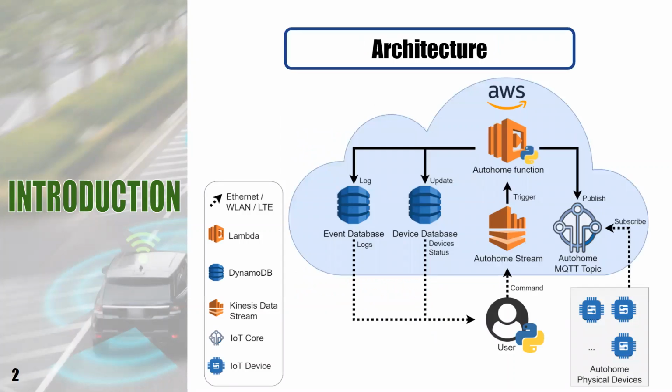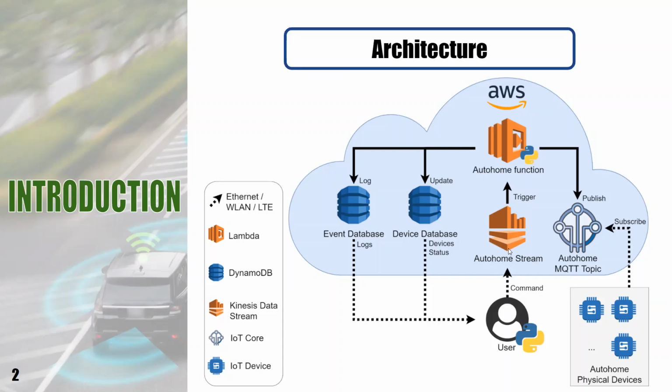So here is the architecture. Basically, I put everything into the cloud. As you see here, I'm a user with a client program coded in Python. Once my user makes a decision, a command goes through my Autohome stream.